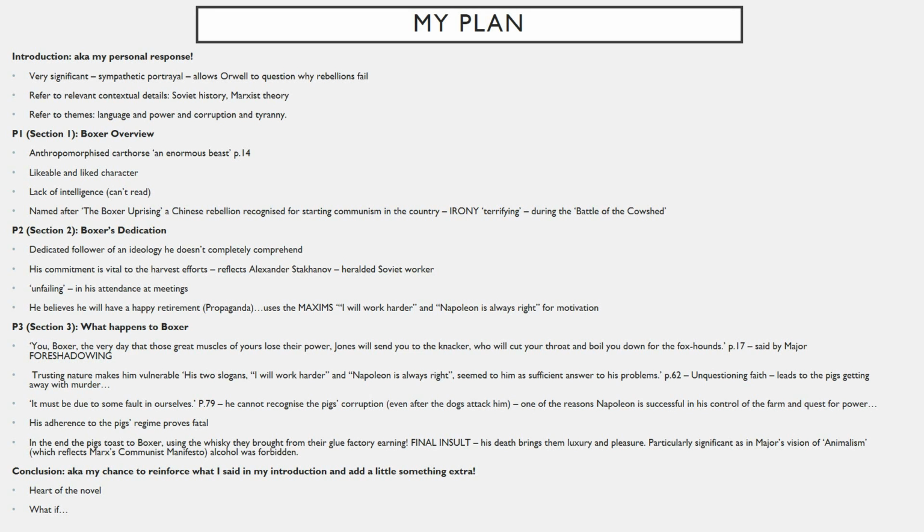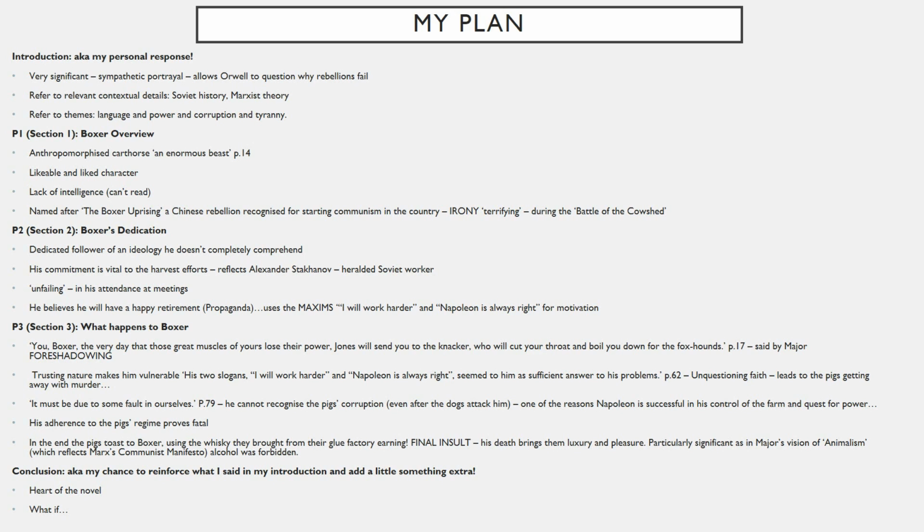Then that's it really. Just a general introduction to the character, but one that's going to use key terms like anthropomorphized and irony, and one that's going to include quotations and events from the novel.